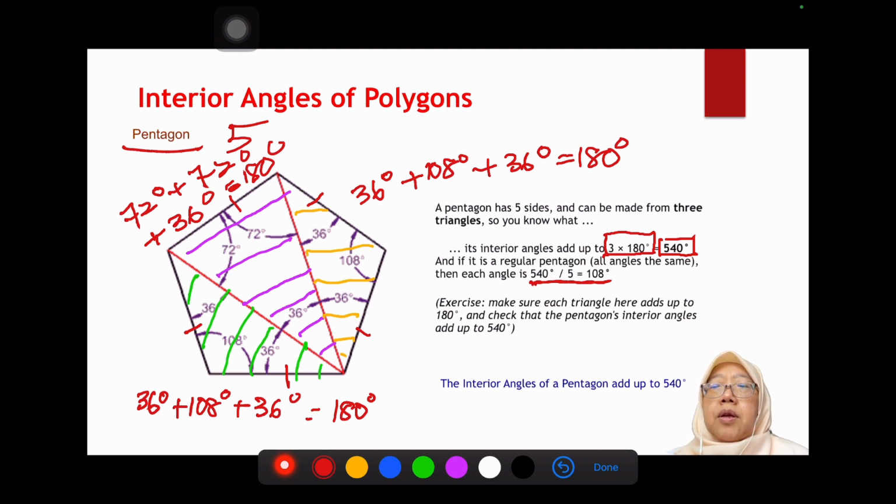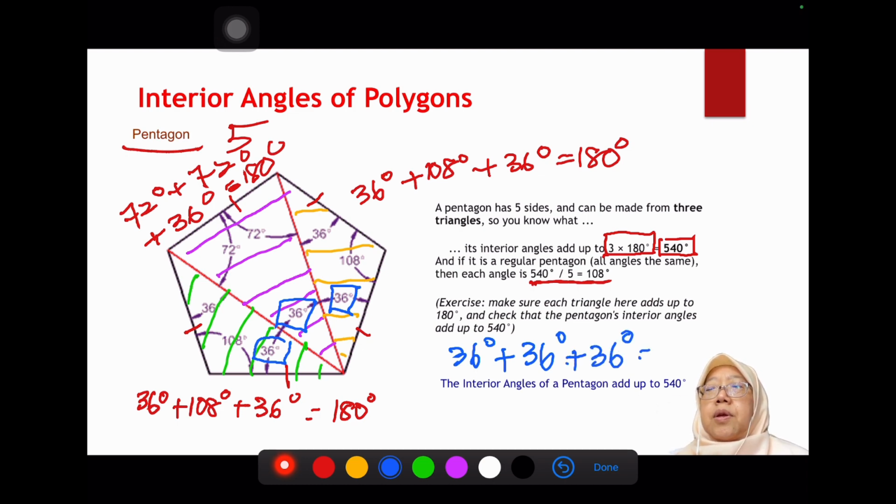Now, if you divide 540 degrees by 5, because of the 5 sides, you will get 108 degrees. So that means each angle, if you are not looking at the triangles, this is the angle for the pentagon.